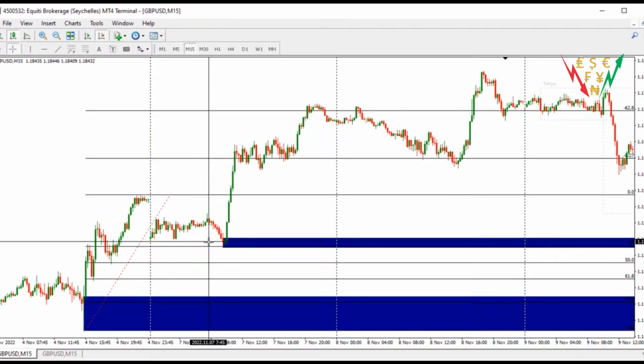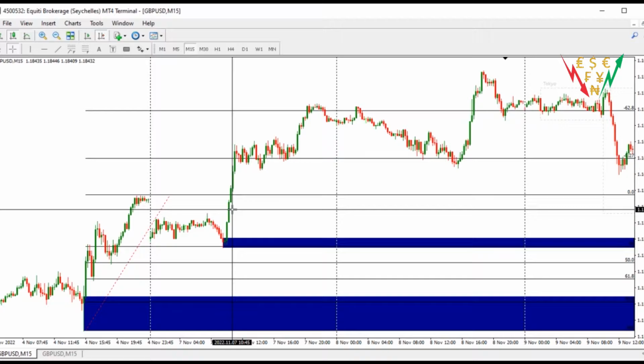So we want to see these levels as either resistance or support levels that the price will likely react to, and then extract maybe 20 pips or 30 pips off the market. That's exactly the idea. We also want to trade this market when it's most active and volatile.